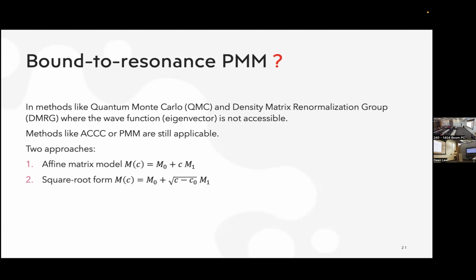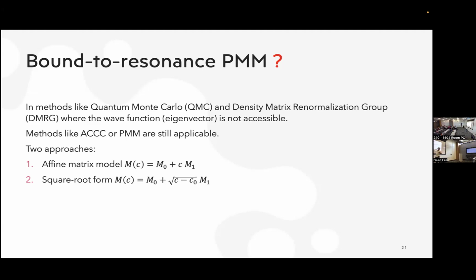And we were also curious about PMMs, and we want to see if we can do the same with PMMs. The idea is there are a lot of methods in which we don't have access to the eigenvectors, we only have the eigenenergies. So methods like ACCC and PMMs are applicable in those scenarios. And so how can we apply PMMs to this kind of a problem?